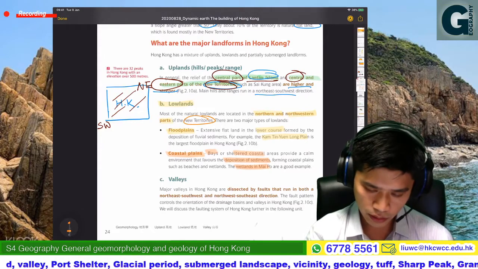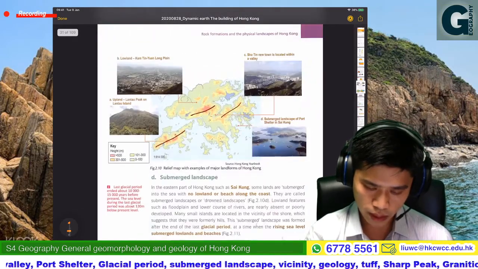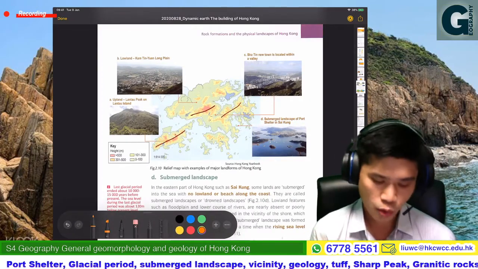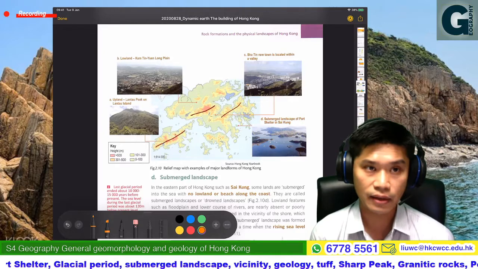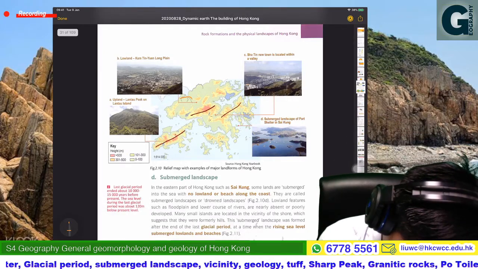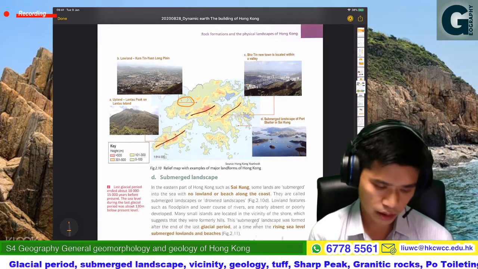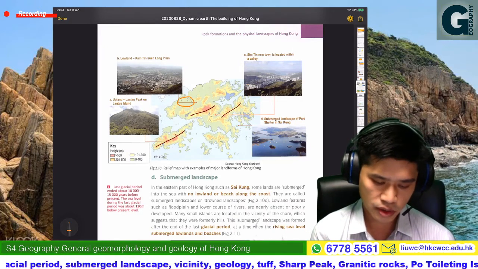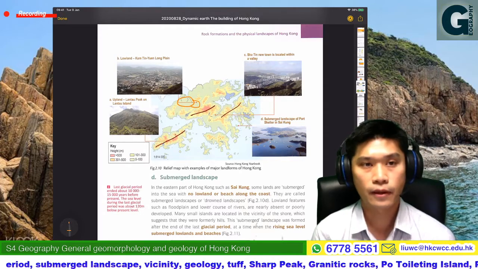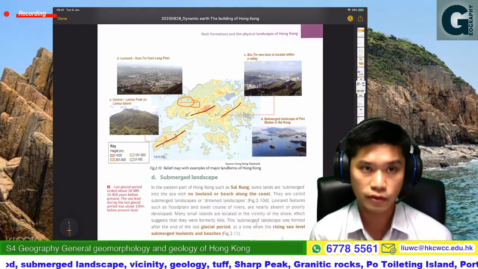So when we move to the map in the next page, you can see where the flatland would be. The first one, the floodplain in Yuen Long, that would be here. So the Kam Tin Yuen Long Plain, together with Kam Tin, that would be the lower course of the river.